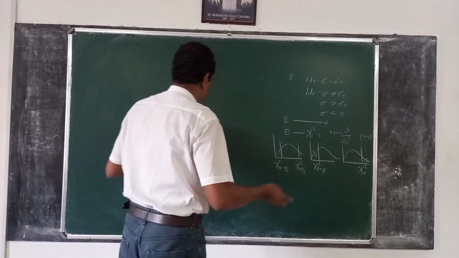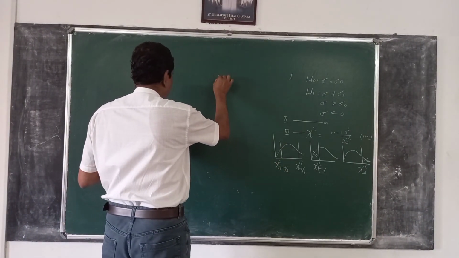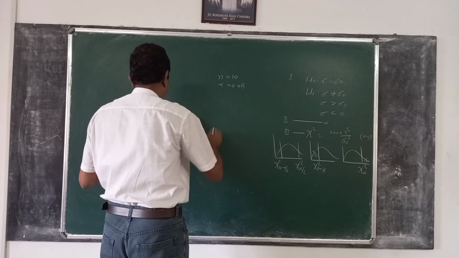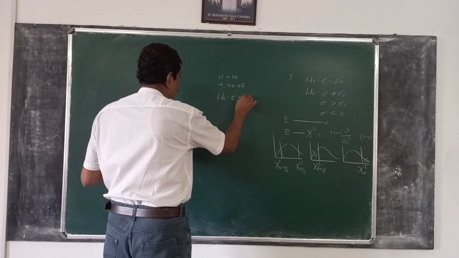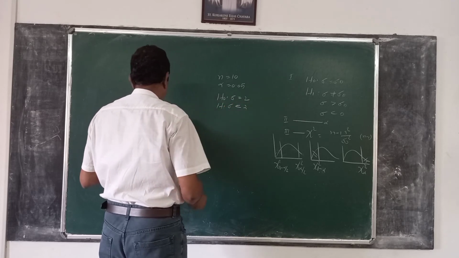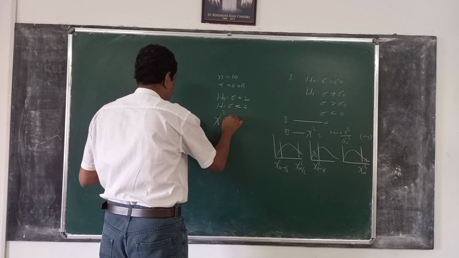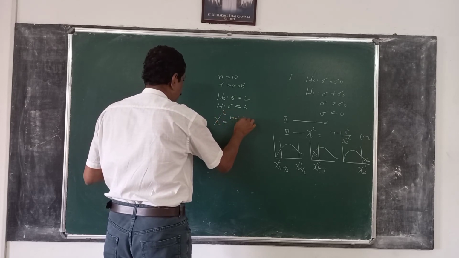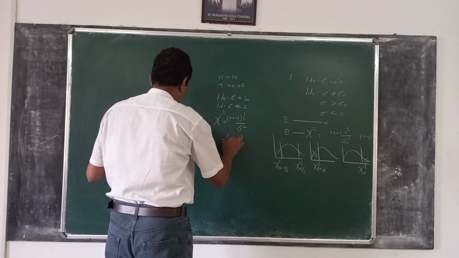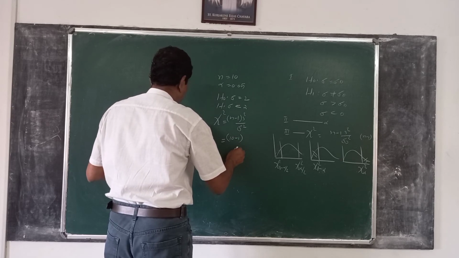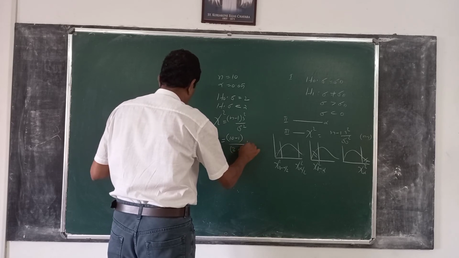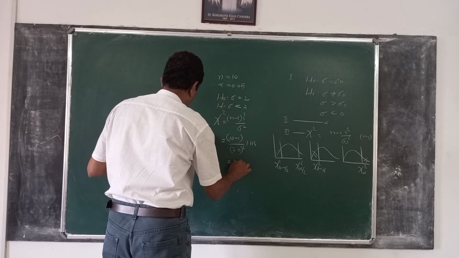And in our example of conical capsules, n is equal to 10, alpha is equal to 0.05, suppose. H0, sigma is equal to 2 versus H1, sigma is less than 2. Chi-square is n minus 1 into s square by sigma square is equal to 10 minus 1 into s square divided by 2 square, which is 2.504.